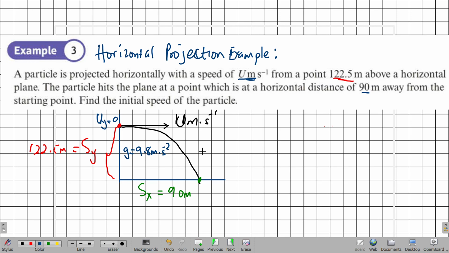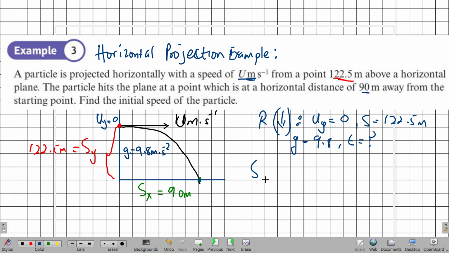Since acceleration horizontally is going to remain unchanged at 0, it will keep on going at the same speed until it reaches this position here. So we can resolve this question by resolving the vertical motion. What we know is initial velocity in the vertical direction is 0, the displacement is 122.5, and the acceleration due to gravity is 9.8, and what we don't know is t.